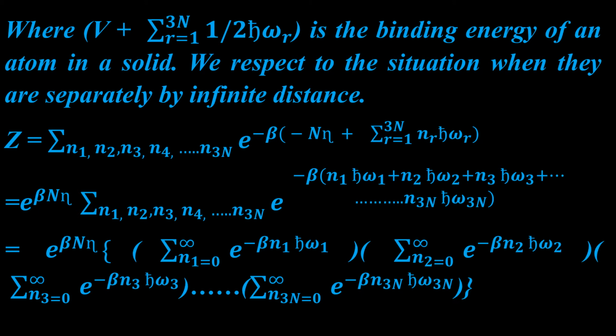Then we get e to the power beta n eta bracket, summation n1 equal to 0 to infinity e to the power minus beta n1 h cut omega 1, summation n2 equal to 0 to infinity e to the power minus beta n2 h cut omega 2, and similarly up to summation n3n equal to 0 to infinity e to the power minus beta n3n h cut omega 3n.